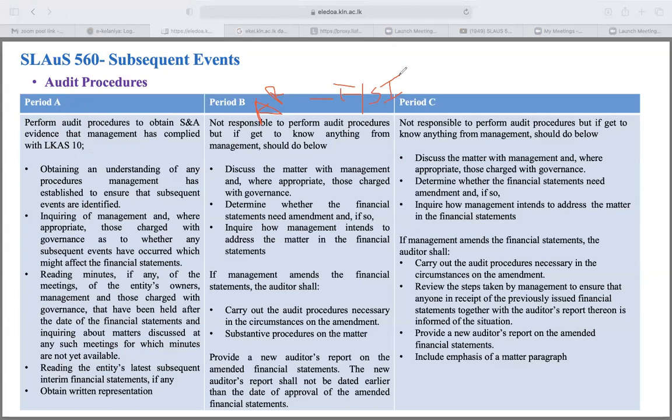Because after signing the audit report, we need to have some time to issue the financial statement to the shareholders, because there are some processes going on, right? You need to proofread the documents. You need to check whether all the statements and messages are there, right?